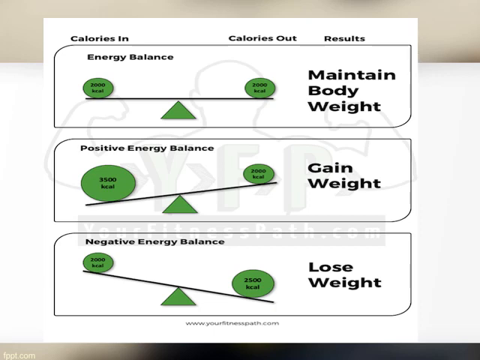We explained this figure in last week's lecture, just to refresh your memory regarding the different states of energy balance: the neutral energy balance to maintain body weight, the positive energy balance, leading to gaining weight, and the negative energy balance, leading to losing weight.